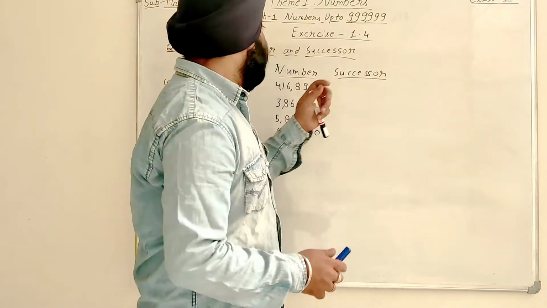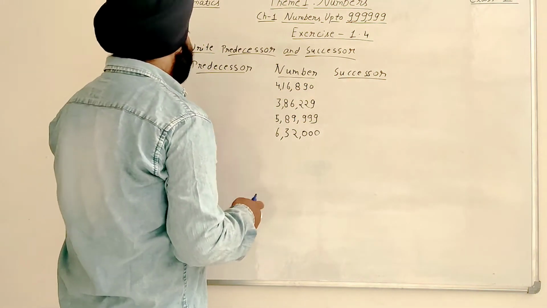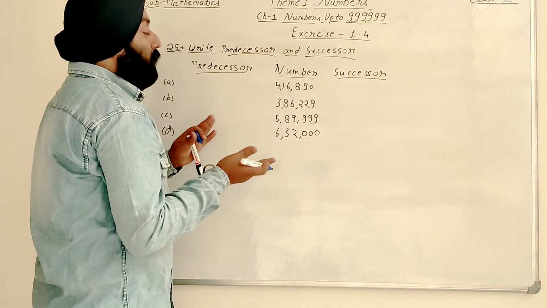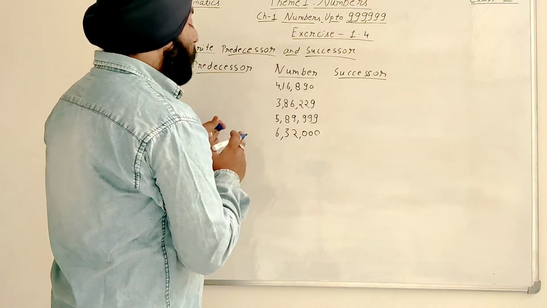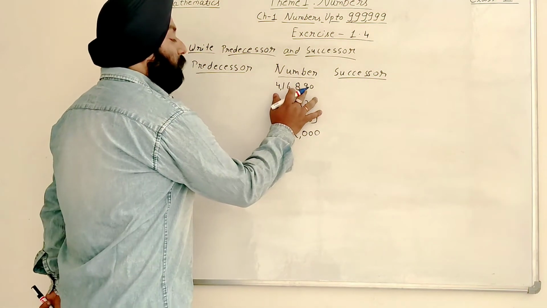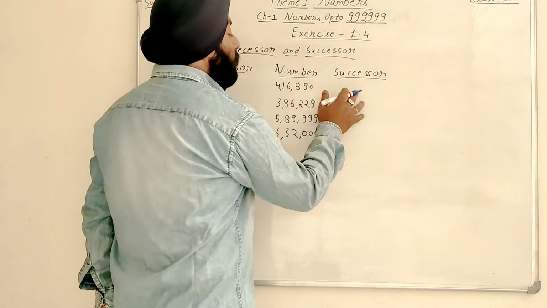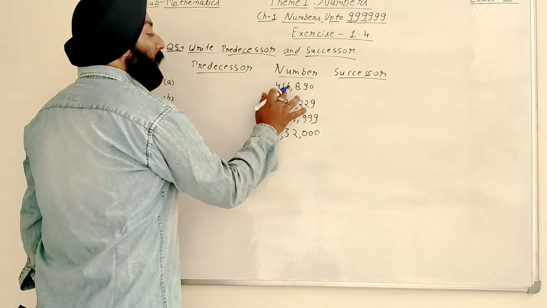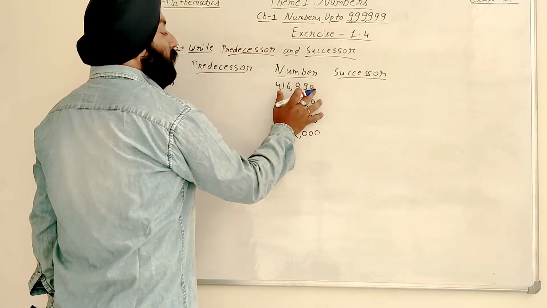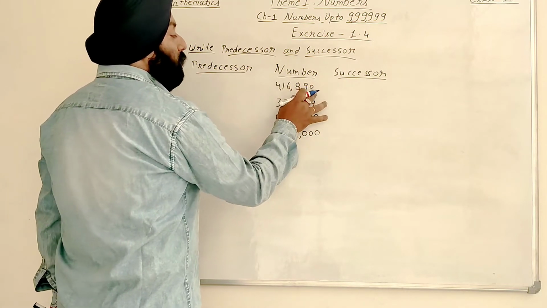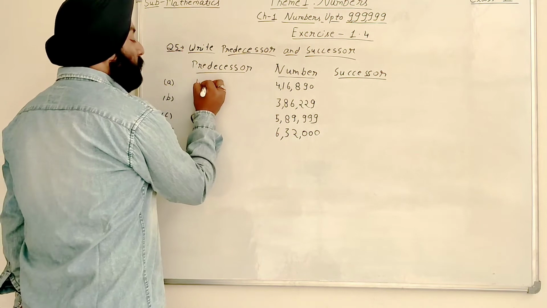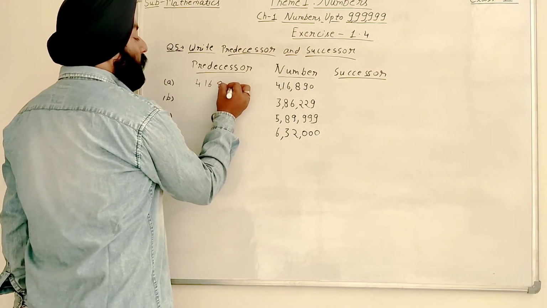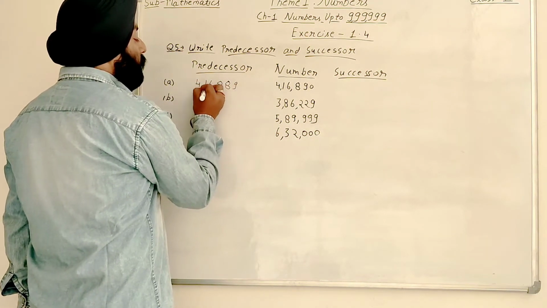So students, question number 5: predecessor and successor. Predecessor means subtract 1, the number less than it, and successor means the number greater by 1. Like 4,16,890. The number smaller by 1 is 4,16,889.